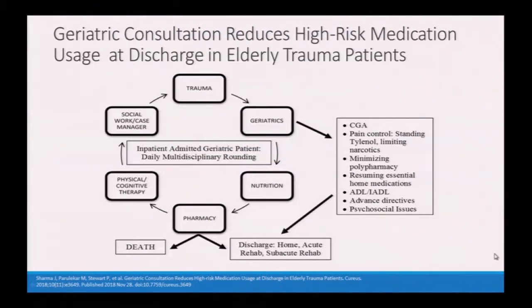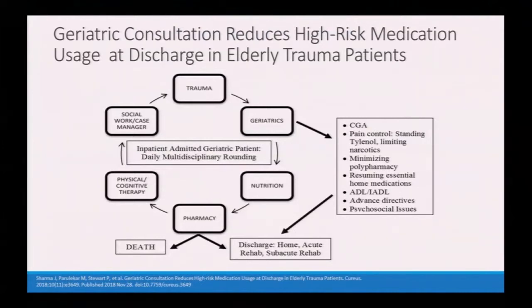So looking at geriatric patients' pain control, making sure you're limiting their narcotic use using Tylenol, minimizing polypharmacy, and making sure that every medication has an appropriate indication and it has a purpose on their medication list. Getting them back on their essential home medications is very important.